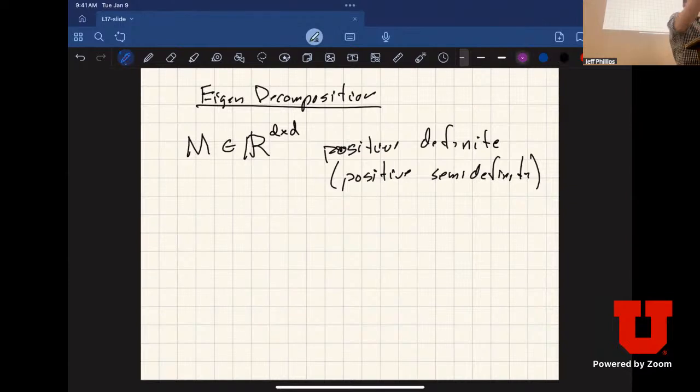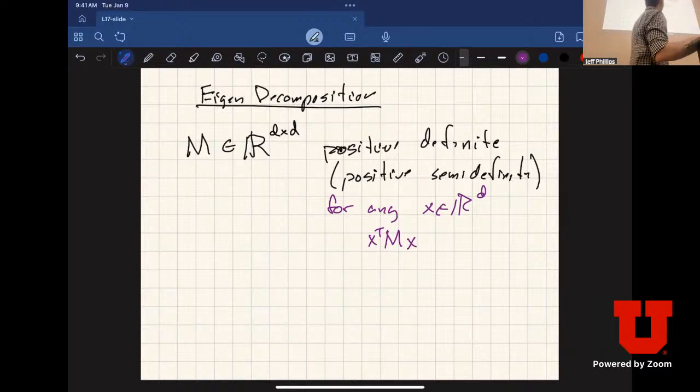Okay, so I'm going to write one definition up, and then we'll get to a much easier definition of it. It means for any x in R^d that x transpose M x is greater than 0. So x is in R^d, it's a vector. X transpose is 1 by d, so I can multiply it by the d by d matrix M, which I can multiply by a d by 1 vector.